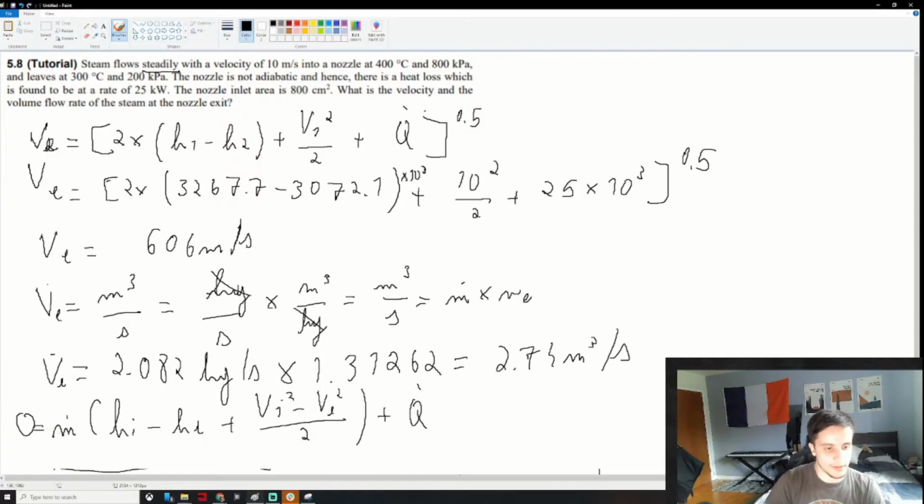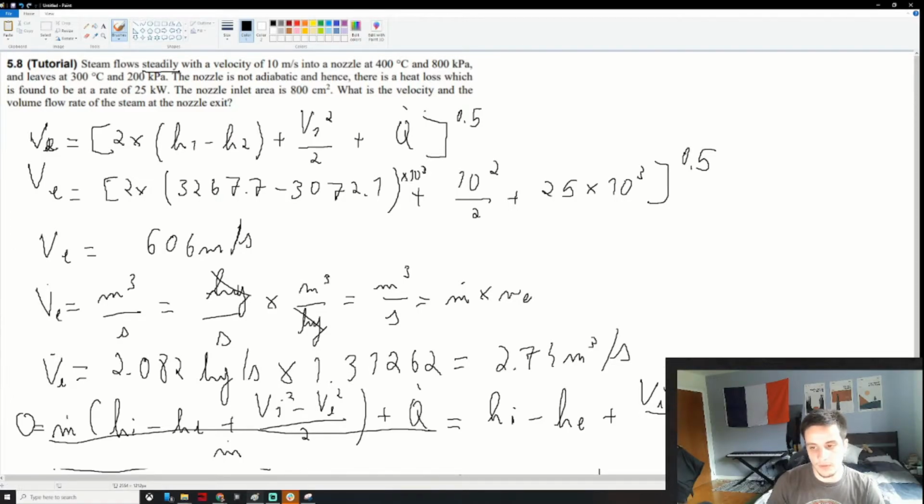We could have divided both sides by mass flow rate, and what that would have given us is specific enthalpy of the inlet minus specific enthalpy of the exit plus same thing with the velocities.